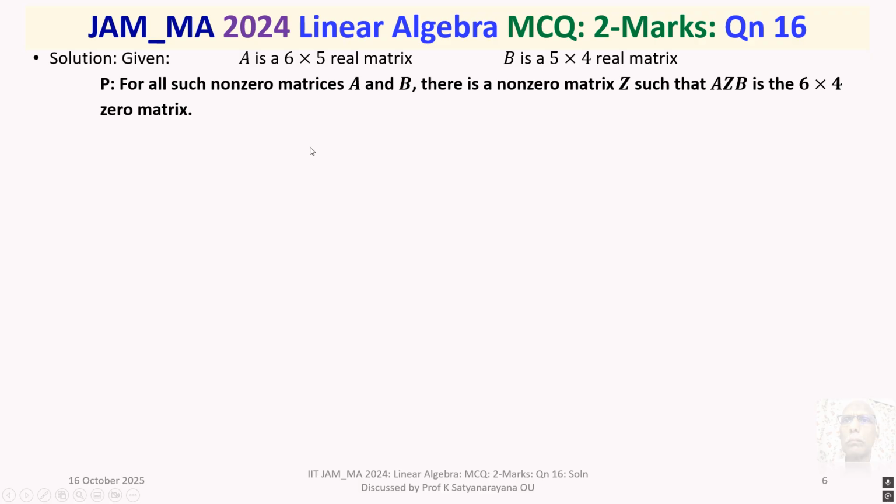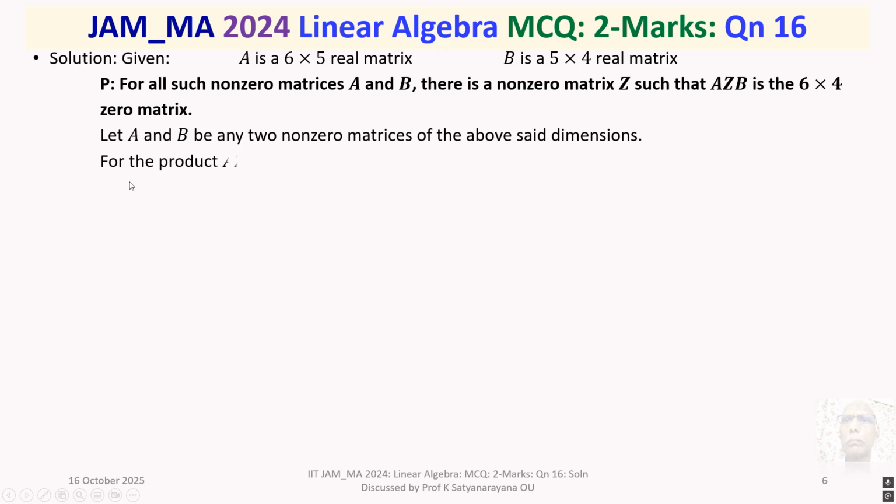So, let A and B be any 2 non-zero matrices of the above said dimensions. A is 6 by 5, B is 5 by 4. For the product AZB to be defined as a 6 by 4 matrix, A is 6 by 5, B is 5 by 4, and what should be the Z?